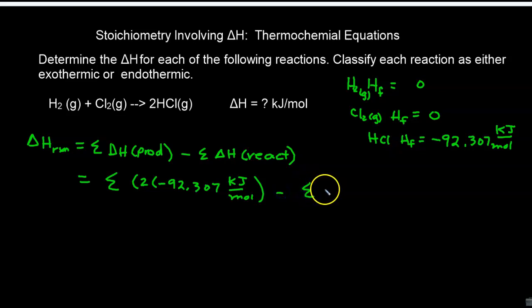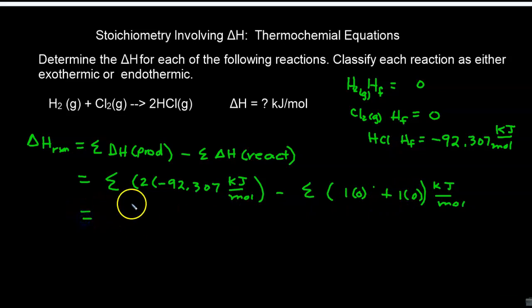And then the summation of our reactants, and in this case, we have one hydrogen gas and one chlorine gas. And so we have 1 times 0 plus, again, just 1 times 0. Again, label is kilojoules per mole. And I know that seems a little bit redundant to write that down, but that again shows me that you know each one is 0.